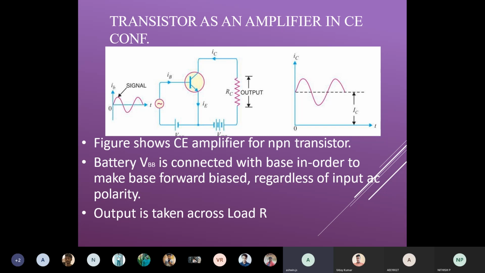Suppose 1 milliamp I am flowing, then the collector to emitter current will be, for example, 100 milliamps. Suppose 2 milliamps is flowing, based upon the amplitude level of the input current I am giving. If you see the sinusoidal signal, if I am giving 0, the transistor is off. Off means output will be very high.